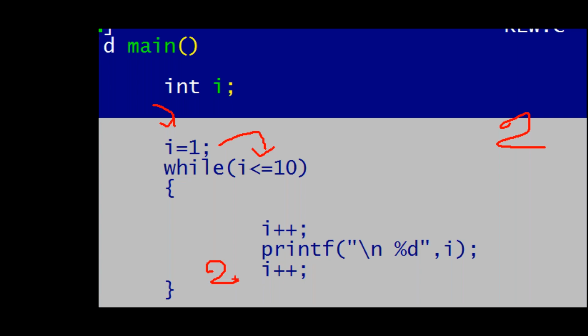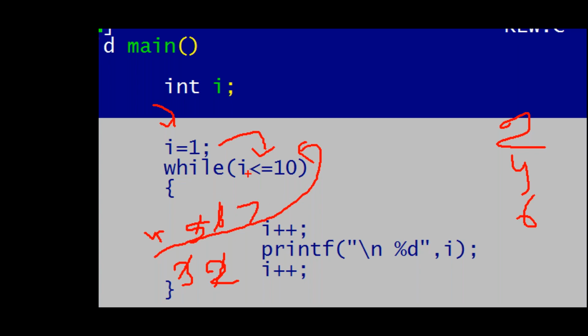3 less than or equals to 10. I plus plus 4. 4 will be printed. I plus plus 5. 5 less than or equals to 10. I plus plus 6. 6 will be printed. I plus plus 7. 7 less than or equals to 10. 8 is printed, right? 9 it is. 9 less than or equals to 10. 10 will be printed.